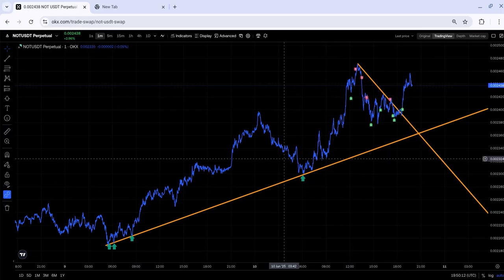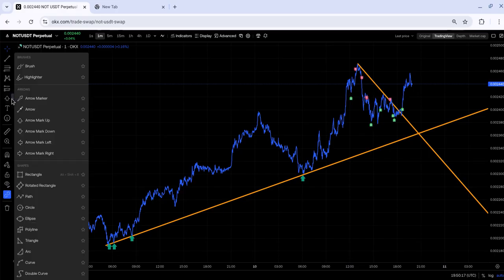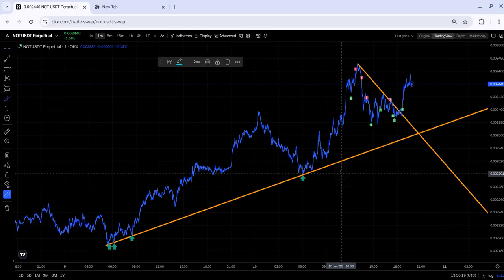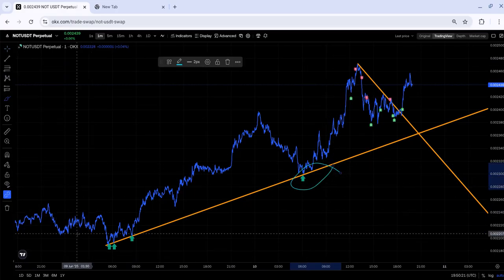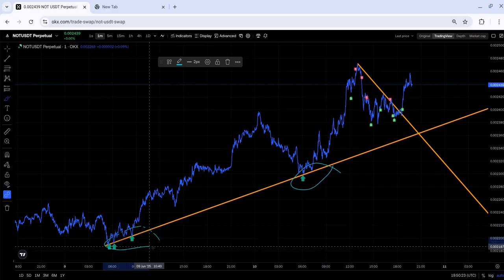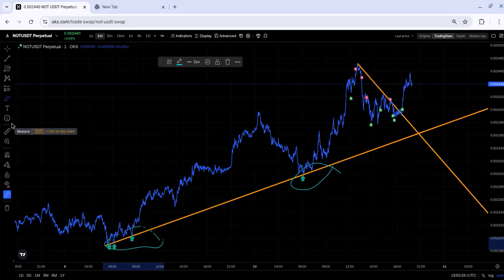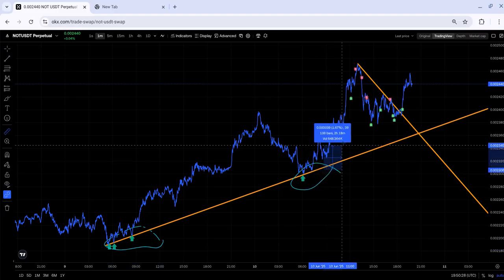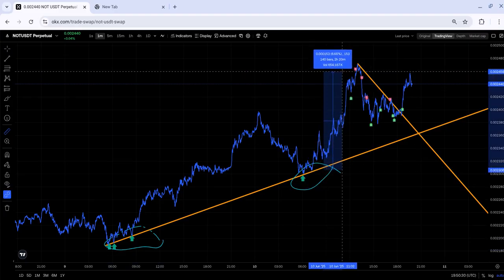And when we come to this second point here, we can see there is a huge increase here.